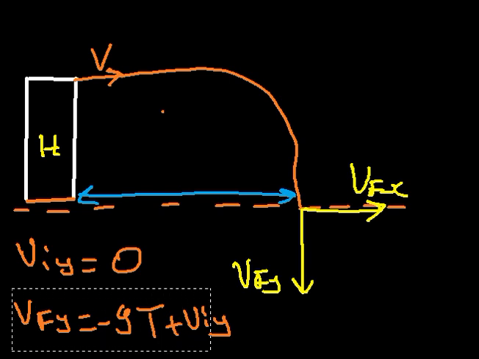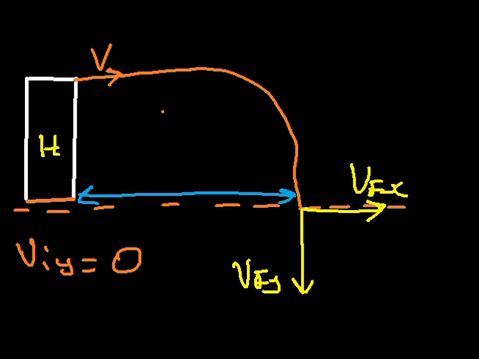So how can we find the magnitude, in other words, the landing speed of the object as it strikes the ground?